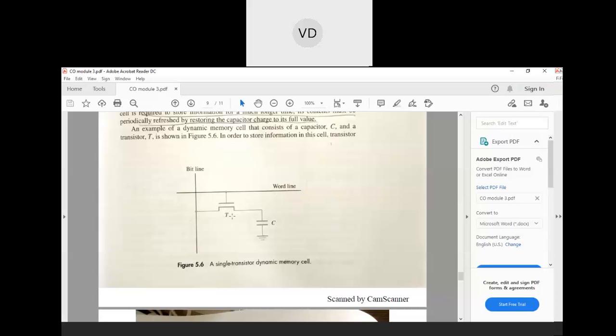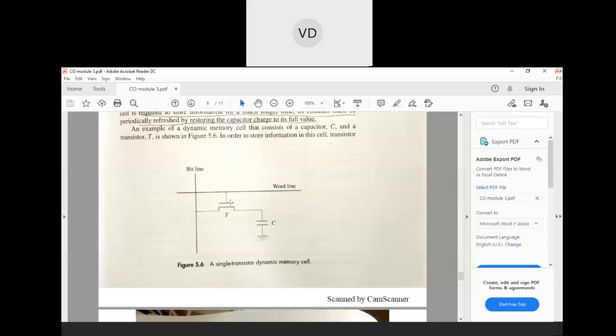When the transistor is turned on, the capacitor will be charged to its full extent. When it is fully charged, the data present in the cell can be retained.